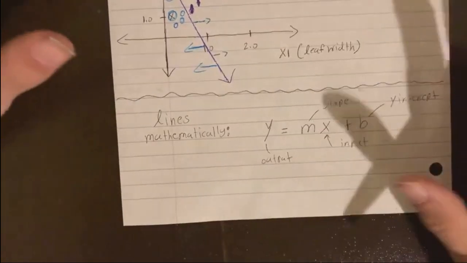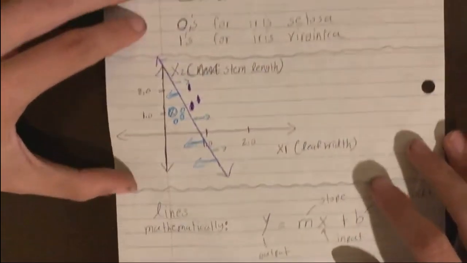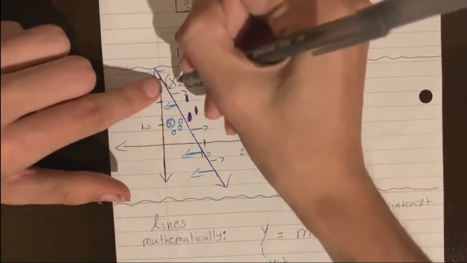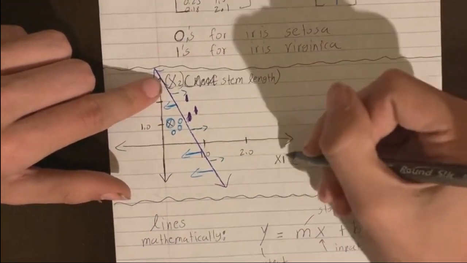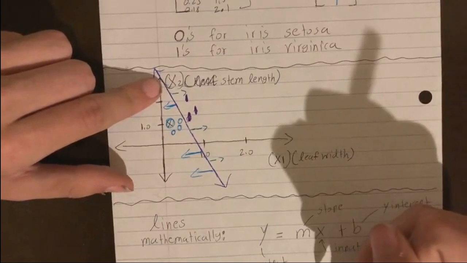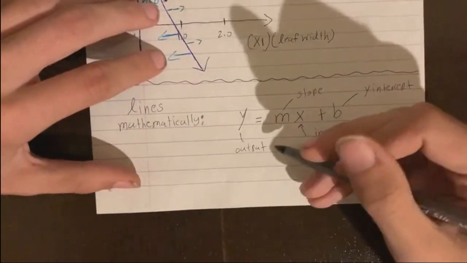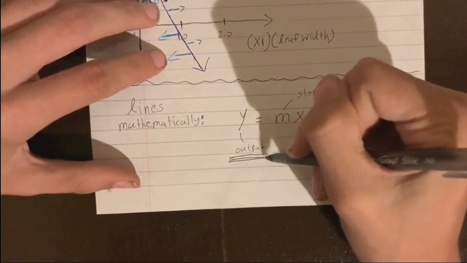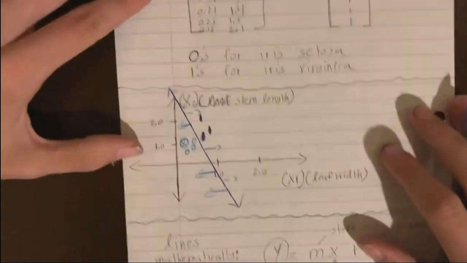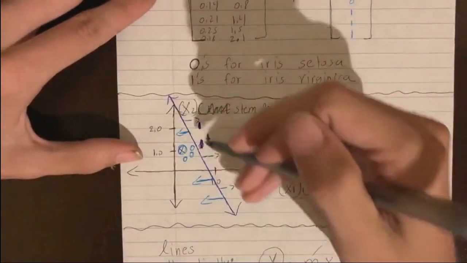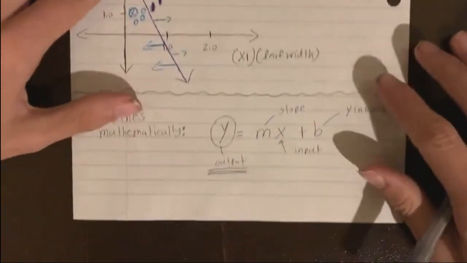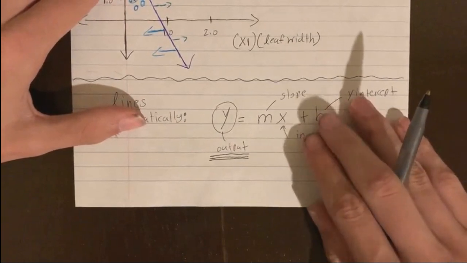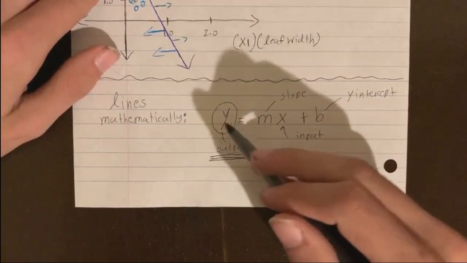But there's a problem with this particular line. Here we have x2, which is an input or a feature, and here we have x1, which is also a feature. But in this equation, y is an output, that's our prediction. This line has no y, no output, so y equals mx plus b doesn't quite work. The general equation would work, but this doesn't predict the output.